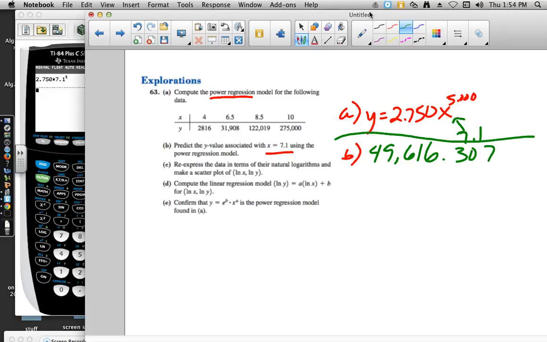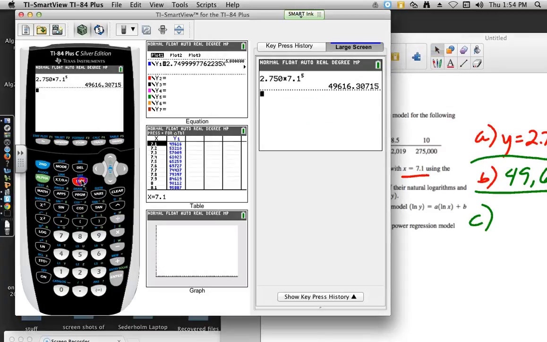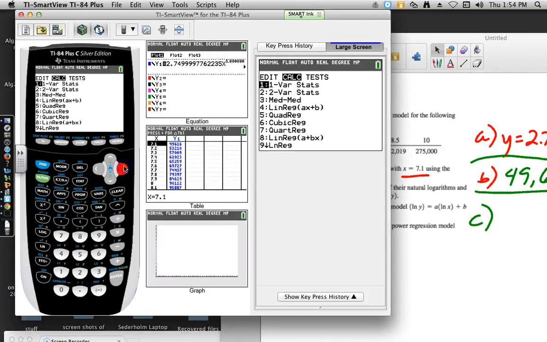So there's B. And we don't know what this data is. It looks like they did some rounding to whole numbers here, but since we don't know, we'll just leave that as is. And then C says re-express that data in terms of the natural logarithms, natural log of x and natural log of y. There isn't going to be anything for us to write down for this, but obviously this is leading to something.